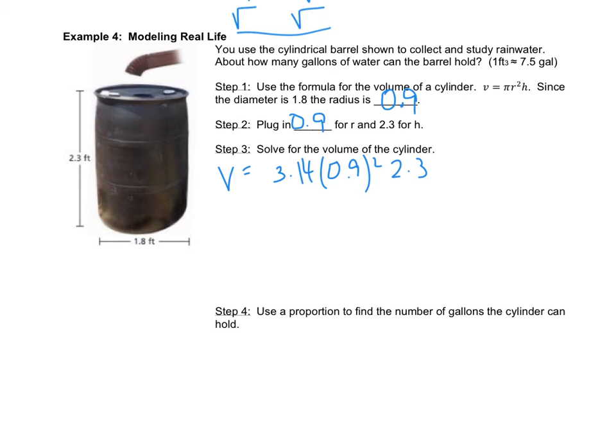So then we have everything on that one side that we need. Remember, we do the square first. So that's going to give me 0.81 times 3.14 times 2.3, which is 5.85.